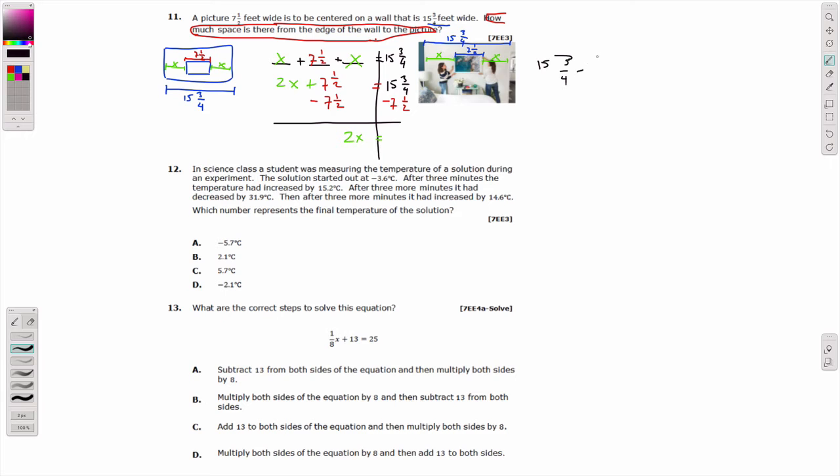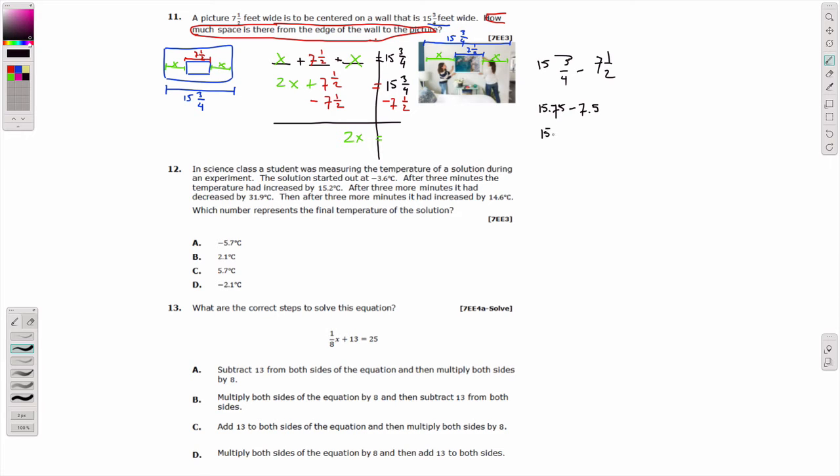Now for speed, I'm just going to convert 3/4 to a decimal. So this is 15.75 minus 7.5. This makes it a lot easier to subtract.